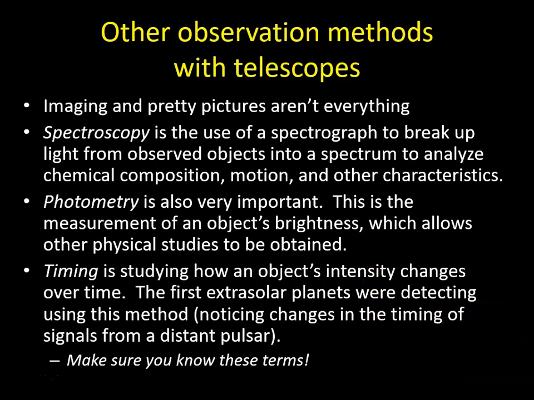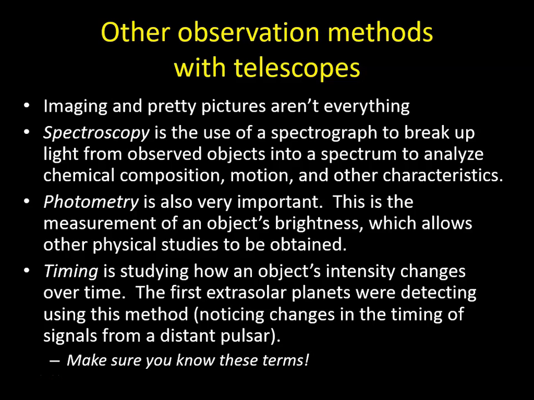Now, in addition to imaging, which is basically taking pictures, there's also something called spectroscopy, which we've discussed before, where you use a spectrograph to break up the light into its components and analyze it to try to figure out the chemical composition, motion, and other characteristics of your object.